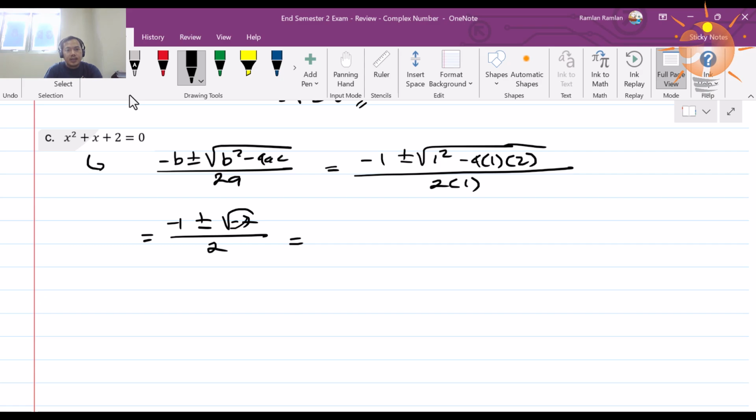If you see a negative inside the square root, you can just split it, and it becomes i. So we can write it as -1 plus minus the square root of 7 times i, because the square root of 7 times -1 gives the square root of -1, which becomes i, all over 2. If you cannot simplify it further, this is the final answer.